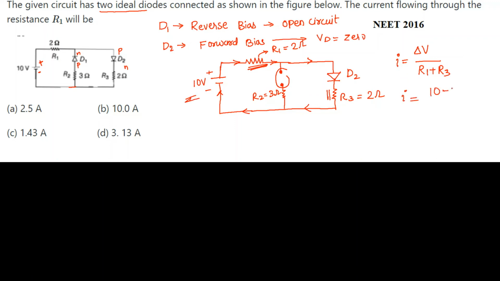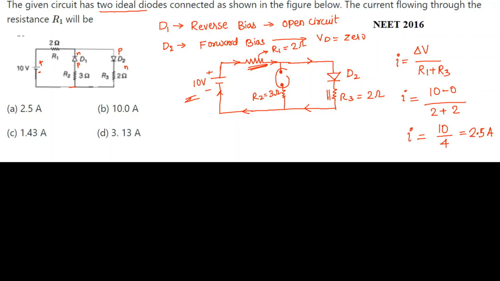So 10 volts minus 0, divided by R1, which is 2, plus R3, which is 2. If you solve this, I is equal to 10 by 4, so the answer is 2.5 amperes.